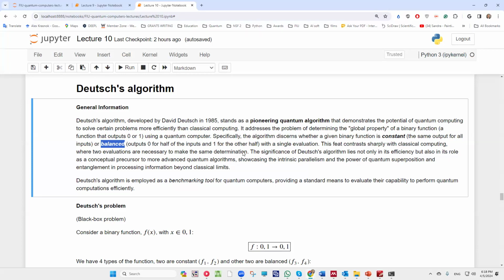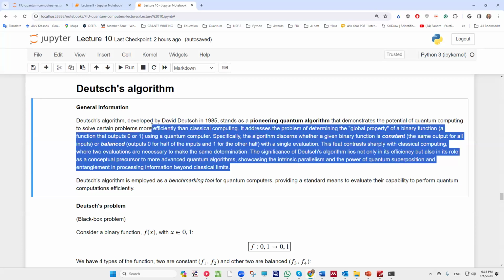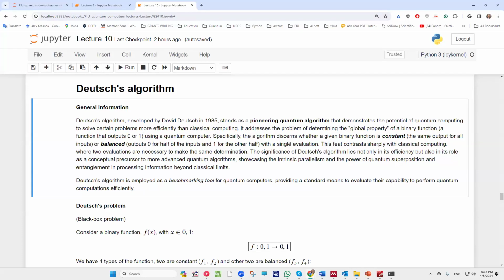So what is the Deutsch algorithm, and what's the problem this algorithm is supposed to solve? Again, this is very mathematical and has no applications in reality.